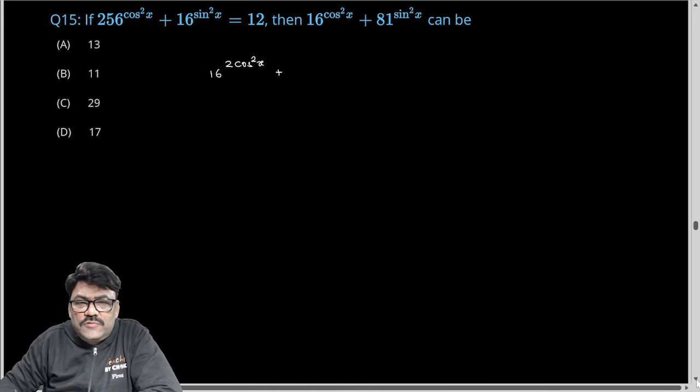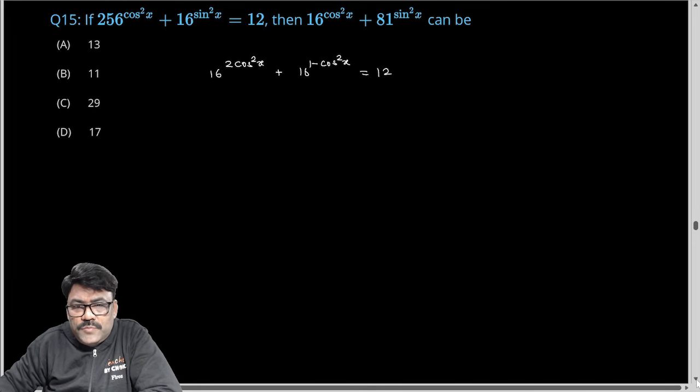Now 16 raised to sine square x can be written as 16 raised to 1 minus cos square x. Now it is 12. So it can also be written as 16 raised to cos square x whole square plus 16 over 16 raised to cos square x.